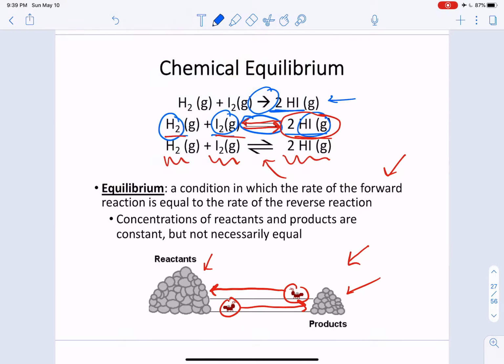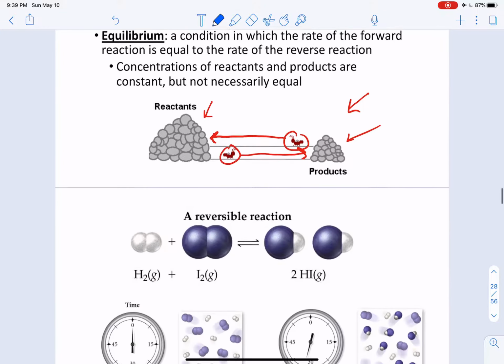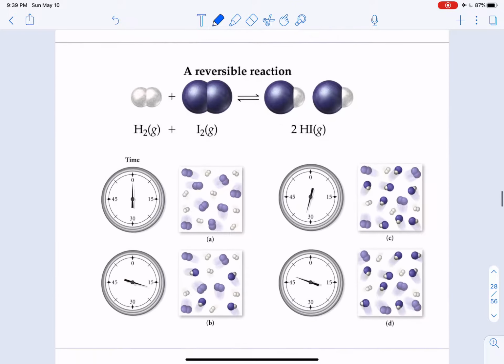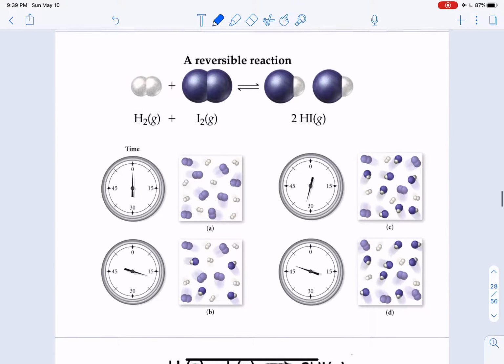So if we look at the next slide, what we'll see is this exact same reaction, but we have some white and purple blobs here. So it's just a different way to visualize this. So at the very beginning of the reaction, at time equals 0, we don't have any product.